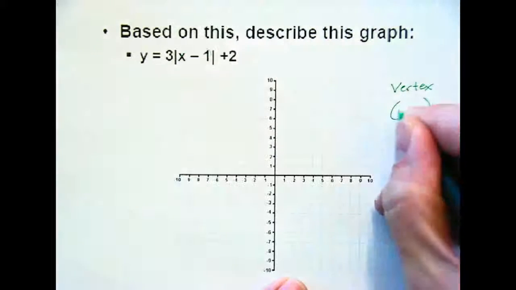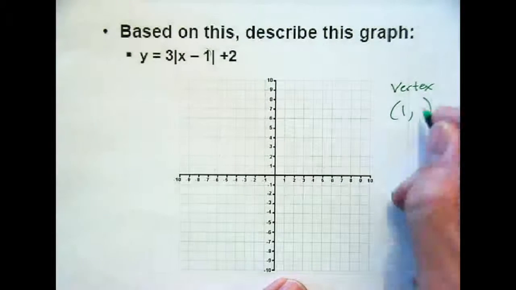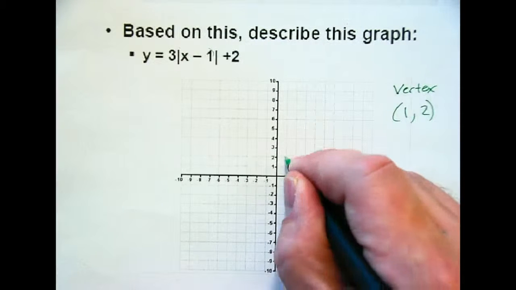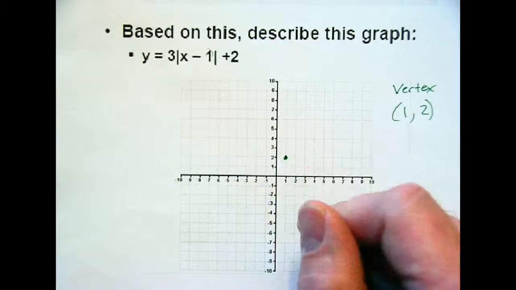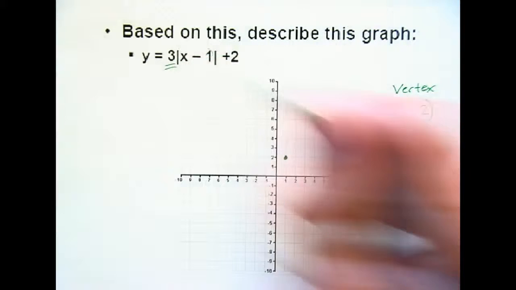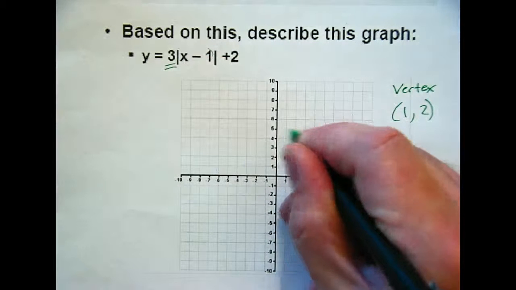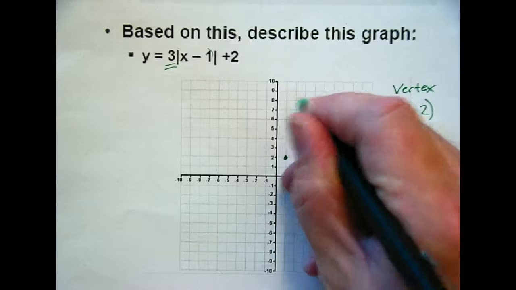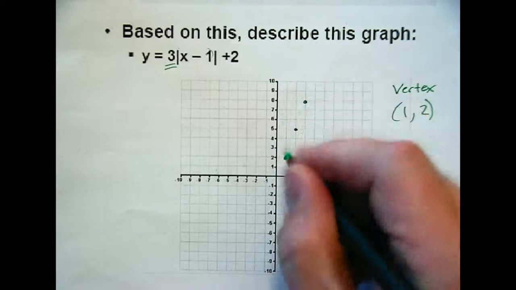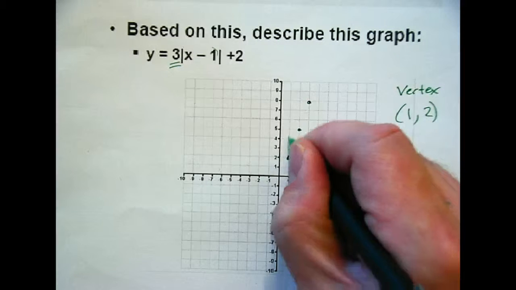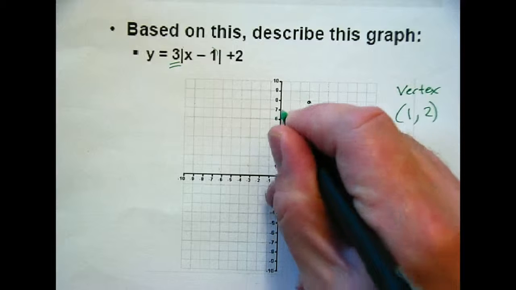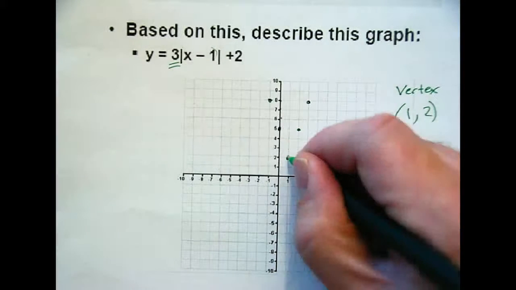What's our K? 2. Start at 1, go to 2. What's our slope? 3. So our A term, we rise 3, and we run 1. And then we reflect them, or just rise 3 and run 1 the other way. So it's quite a narrow graph, right?